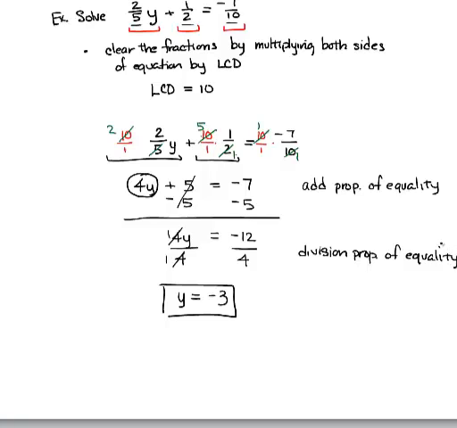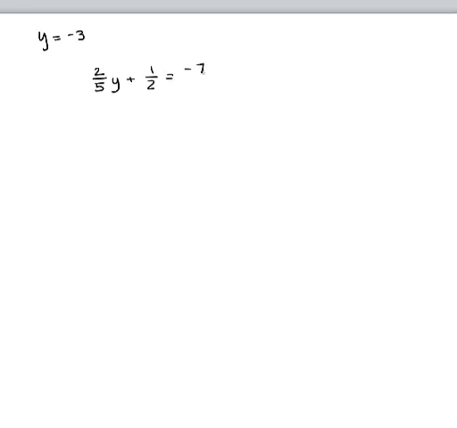Okay, now the last thing we can do is check, right? We can always check it by plugging everything back in. So our answer was y equals negative 3, and our equation was 2/5 y plus 1/2 equals negative 7 tenths.